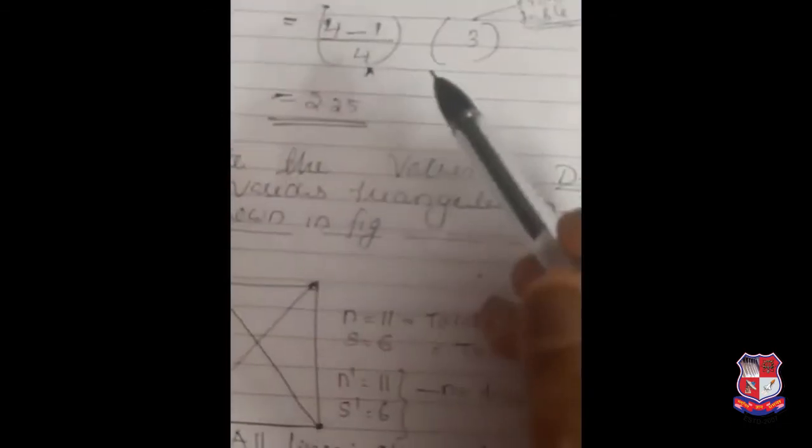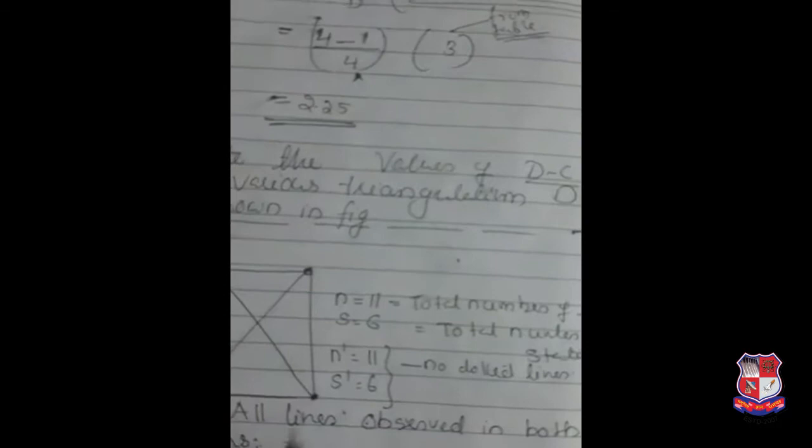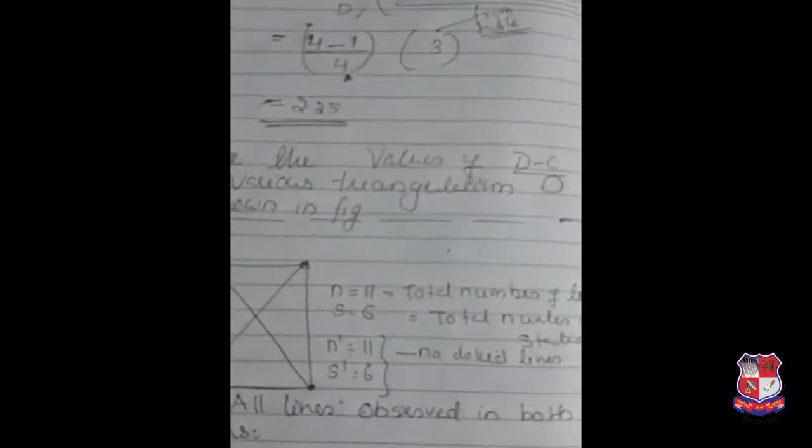This is the question. For finding out the strength of figure, the equation is like this: strength is equal to (D minus C) by D into the sum of delta A squared, delta A delta B, and delta B squared. Before that we need all the values D, C and D. We'll calculate that.